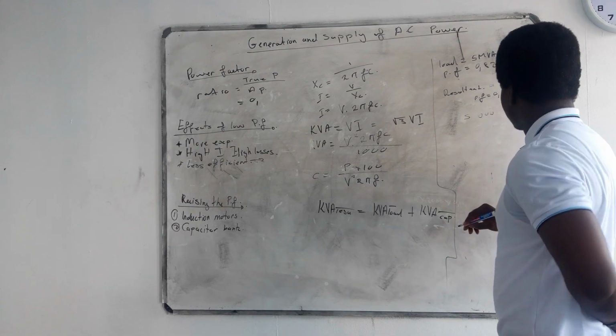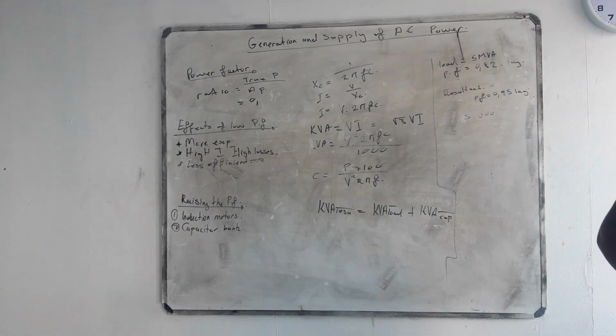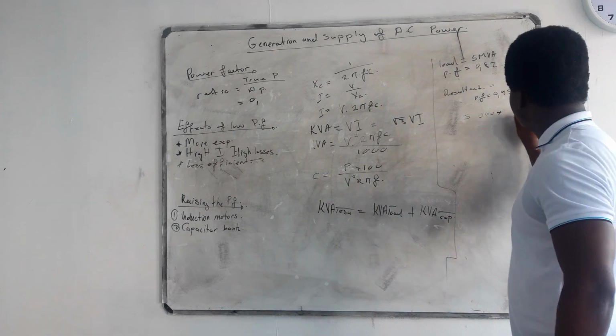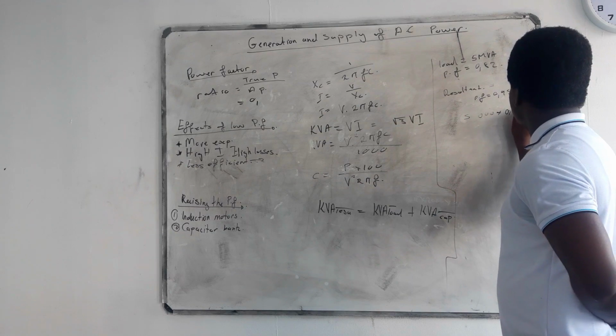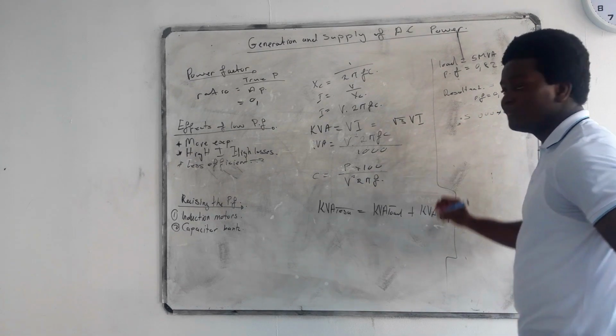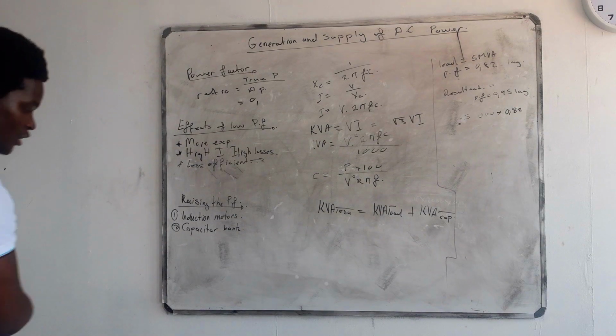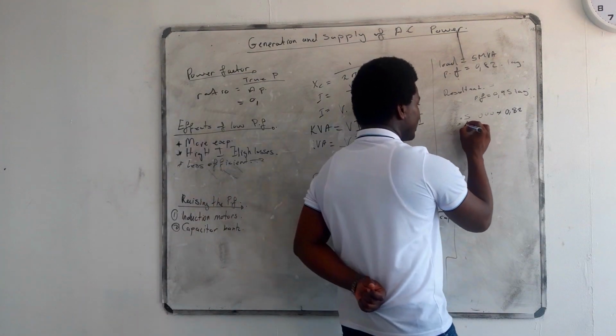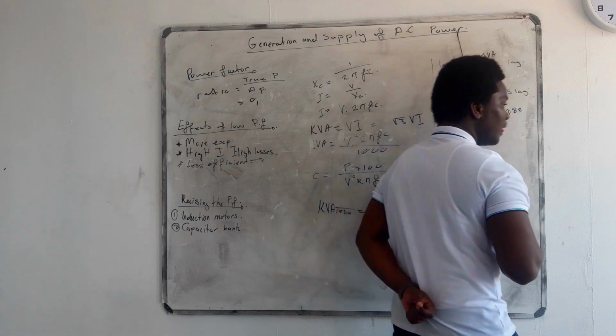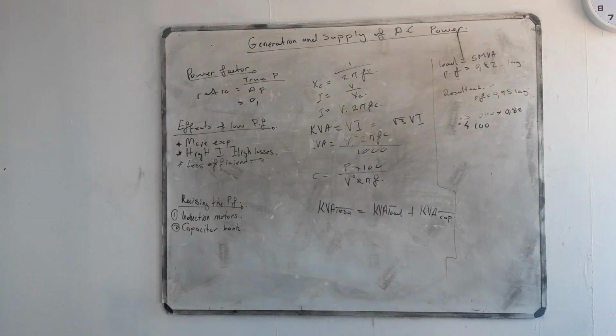So it will be 5,000 multiplied by 0.82. What do you get as your answer? 4,100. Now calculate arc cos 0.82.